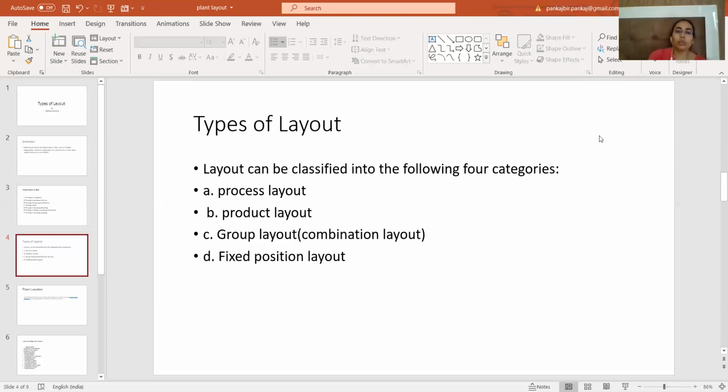So group or combination layout is used by most companies. And fixed position layout is used basically in building construction, dam construction, ship construction, and missile construction. So this is all about the concept of layout, the principles of layout, and the various types of layout.